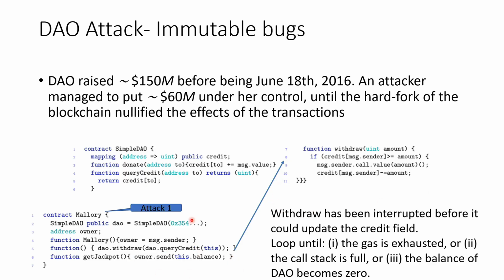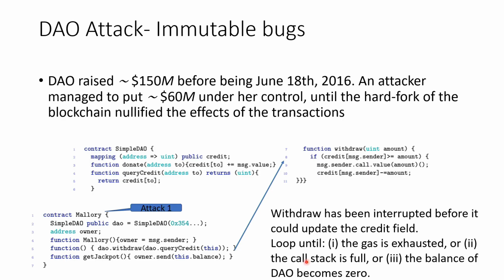This function can be called repeatedly, and this loop will run until what? Until the Mallory contract's gas is exhausted. Once the Mallory contract's gas is exhausted, the Mallory contract will not be able to call the simple DAO withdraw function again. Or else the call stack is full. There is a call stack limit.